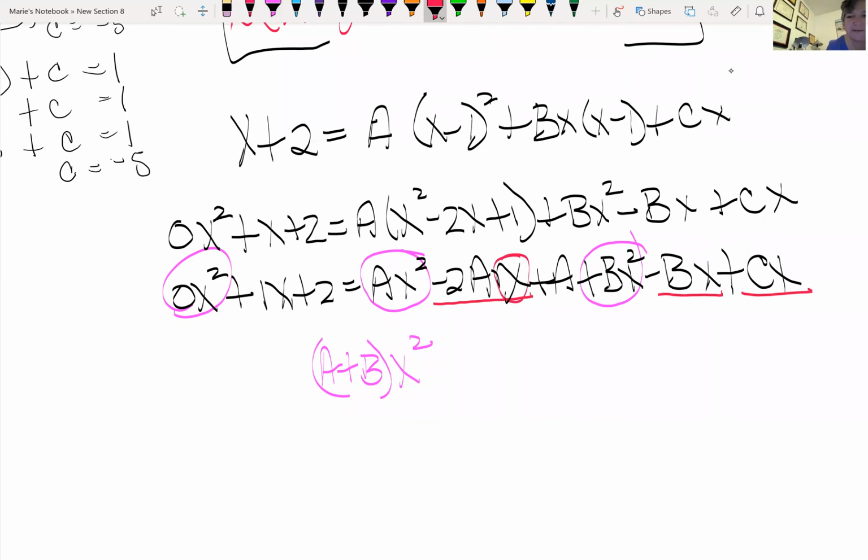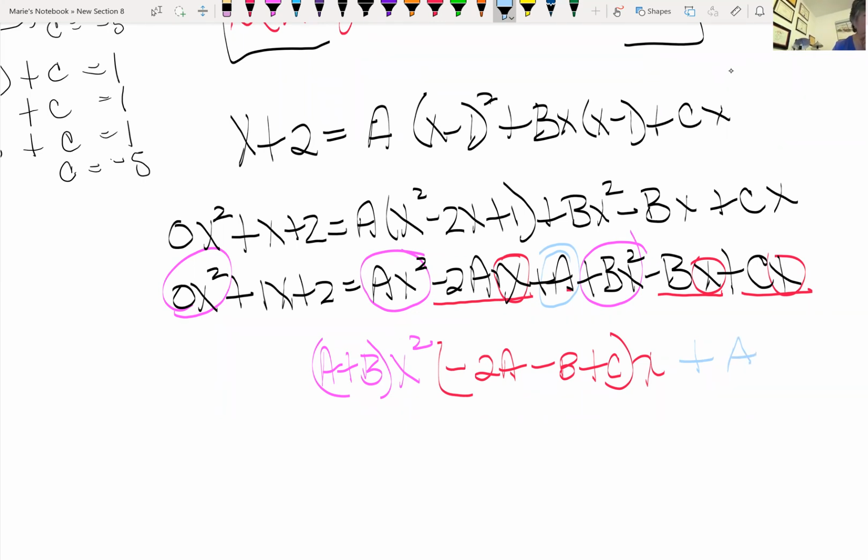So if we take the x and extract it, we're left with minus 2a minus b plus c, and all of that is with an x. And lastly, you're left with the a term by itself, so you have a plus a sitting there.